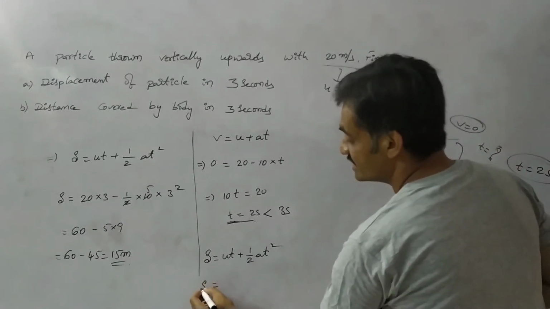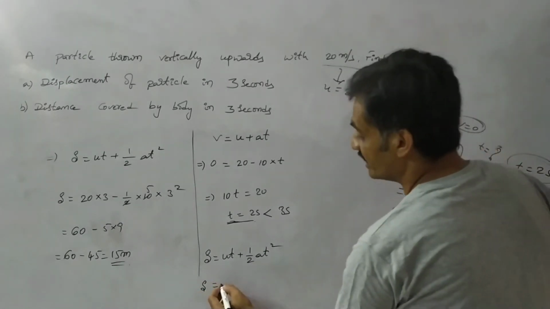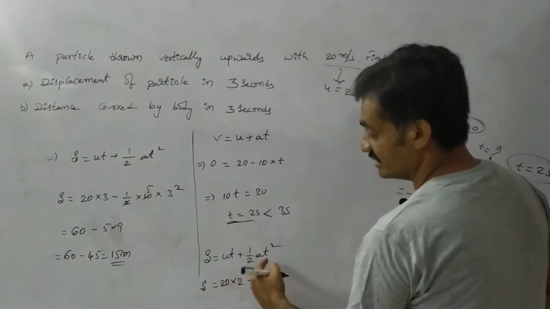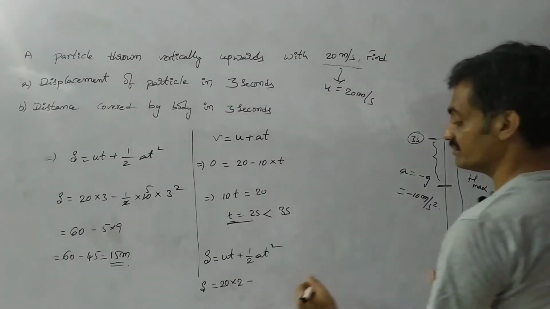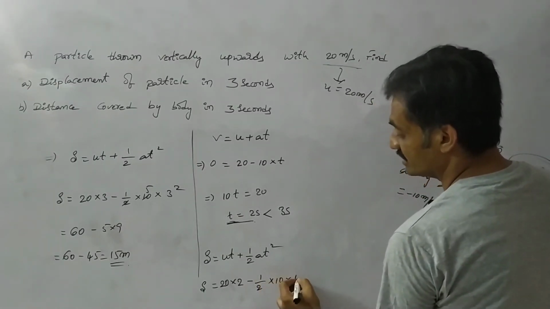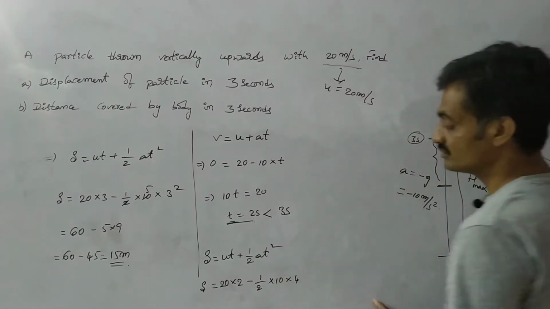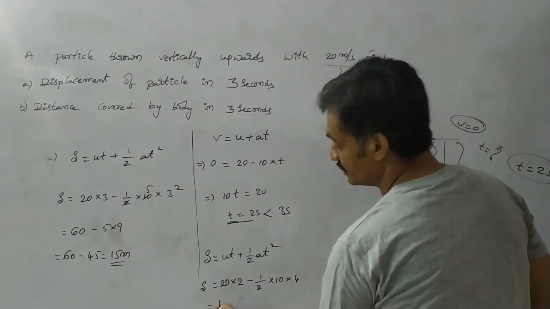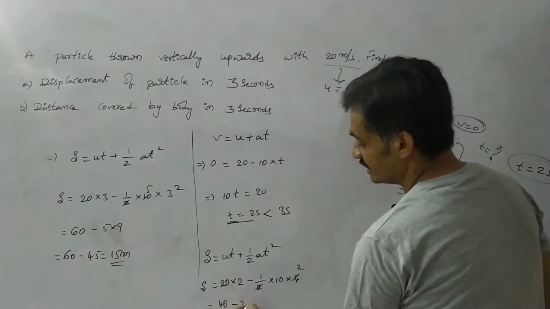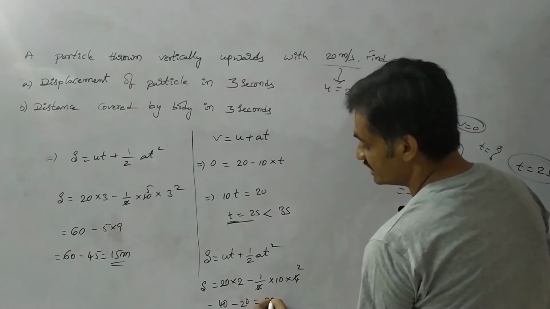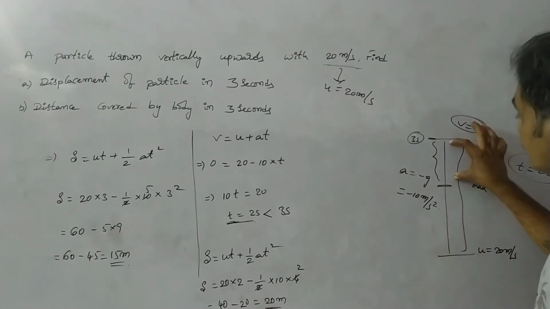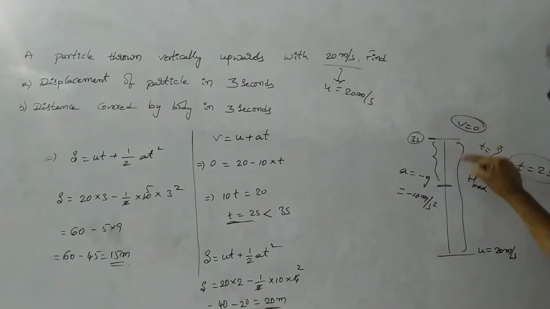Here, the distance traveled to reach the maximum height is 20 into 2 minus, because acceleration due to gravity is minus, 1 by 2 into 10 into 2 square, which is 4. So we have 20 into 2, which is 40, minus 20. How much distance has it traveled to reach the maximum height? 20 meters.